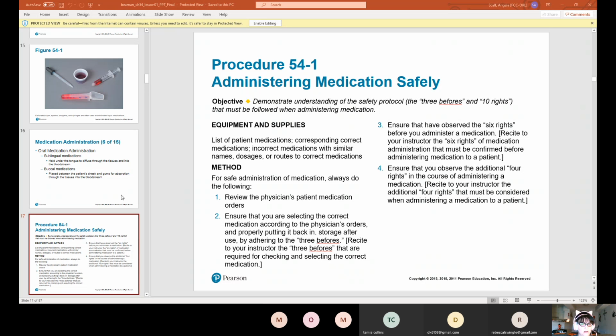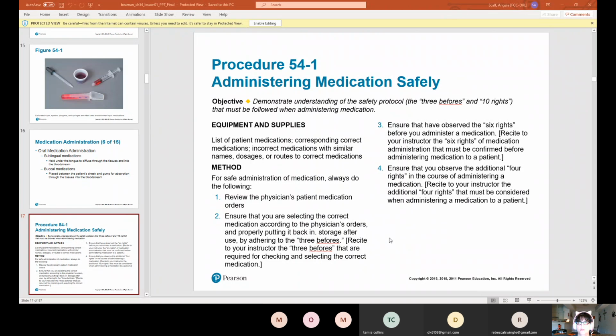When we start talking about administering medications, yesterday I was really pushing the rights: the right patient, right dose, right route. And honestly, when I'm telling you that we do this, it truly is something that I want you to always think about.